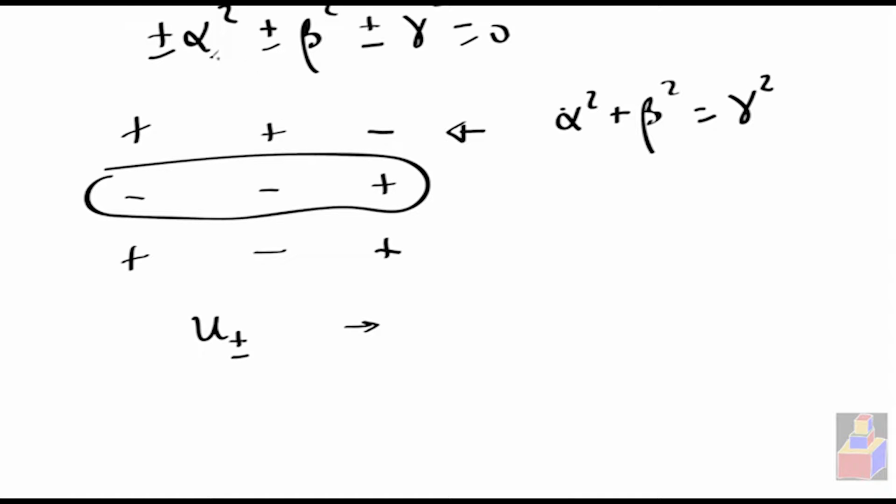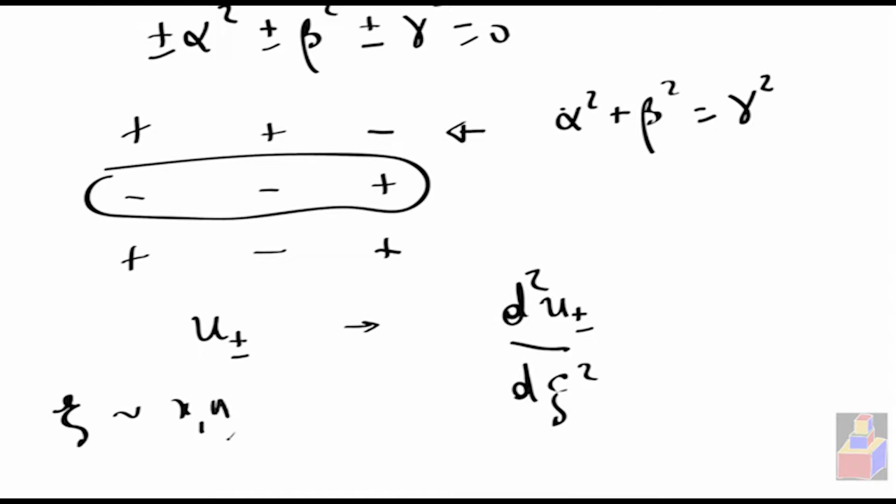So each function f, g, and h satisfy something like this. d2 u plus minus. Let's say the independent variable is c, which is either x, y, or z. Okay. So plus or minus some constant, which can be any of these. Let's call lambda square equals to 0. So for one choice of sign, I have a u plus solution. For the other choice, I have u minus solution.